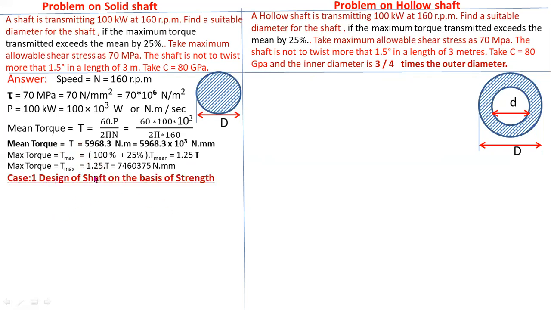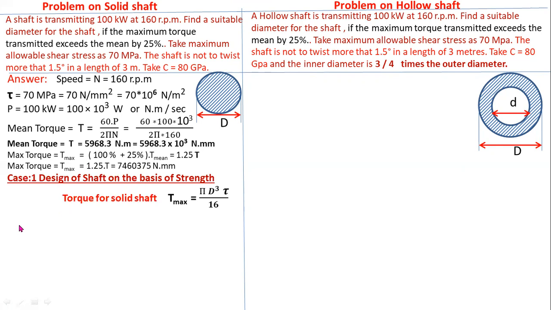After getting the maximum torque, you have to determine the suitable diameter of the shaft on the basis of strength and on the basis of stiffness and rigidity. In the first case, you have to consider the strength of the shaft.